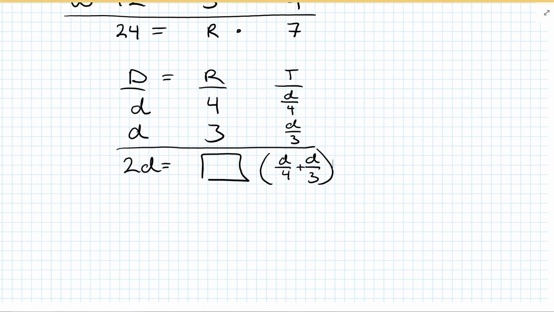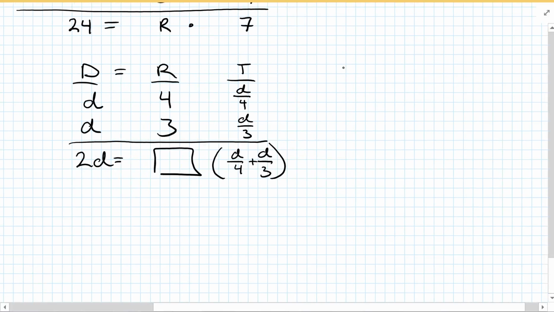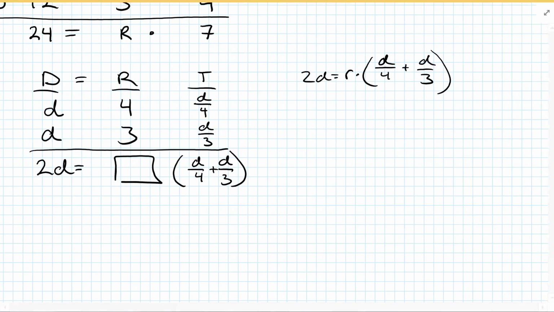So we just got to solve for the rate. So let's work on the problem. Let's get the time to be one fraction. So what would I multiply? So we're going to rewrite it over here so you can see. So I got 2d equals the rate times d over 4 plus d over 3. So what could I multiply those fractions by to get them to be the same denominator?